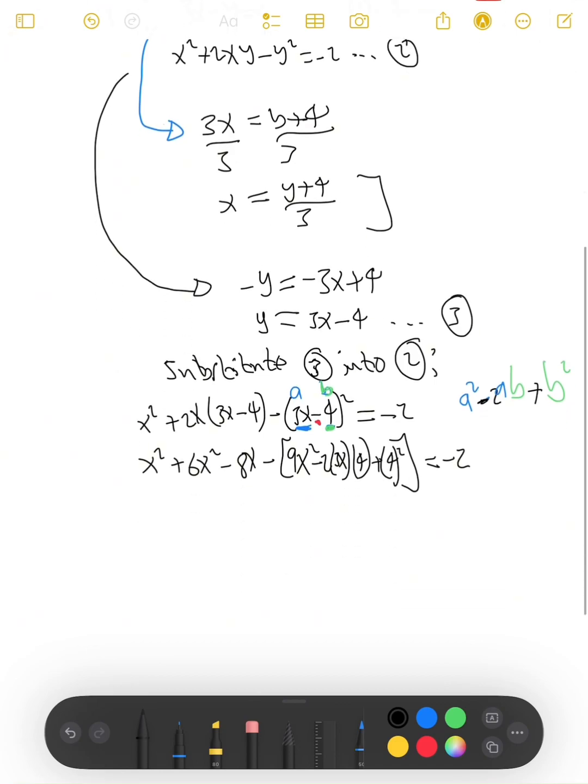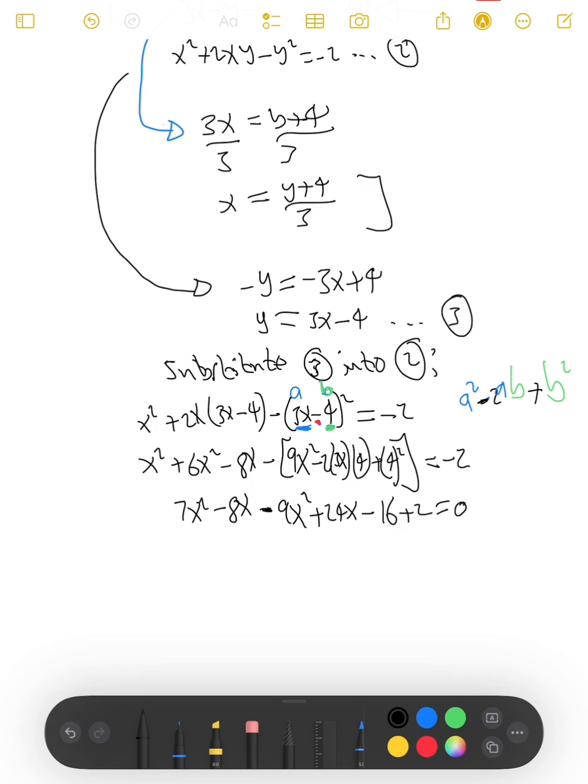So here we therefore get 7x squared minus 8x minus, let's multiply out, minus 9x squared, negative and negative, we get a positive, therefore positive 2 times 3 times 4, we get 24, therefore 24x, and then this negative times 16, we get negative 16. Transpose -2, we get positive 2, all equal to 0.